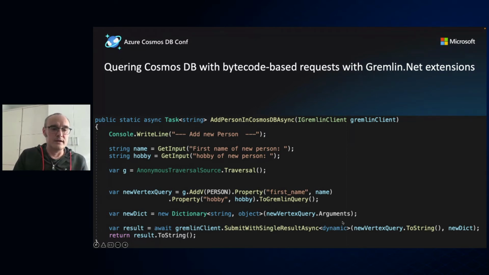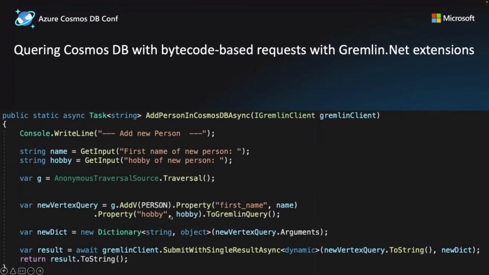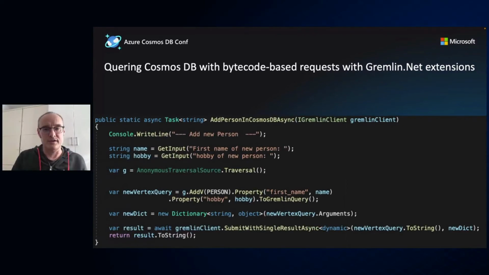But with that approach, we have now a bytecode-based request, but the result is the same as we have in the original script-based approach. So we are only half done, so to say.